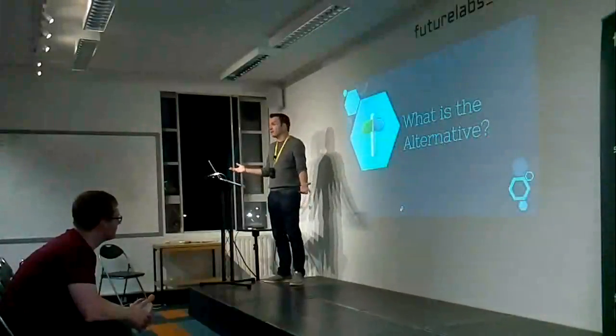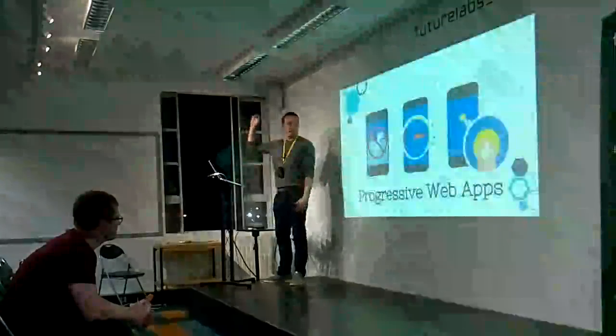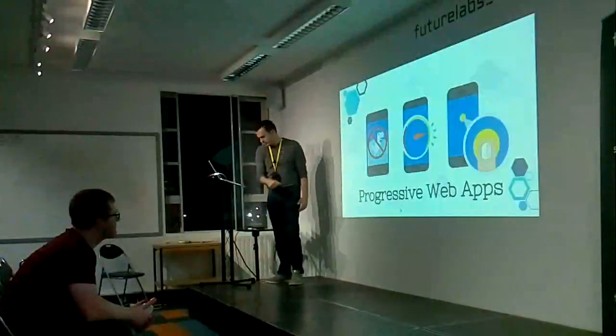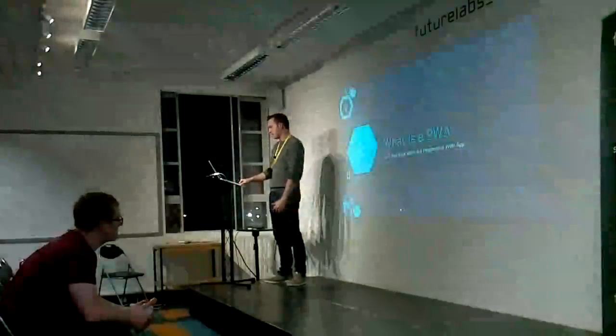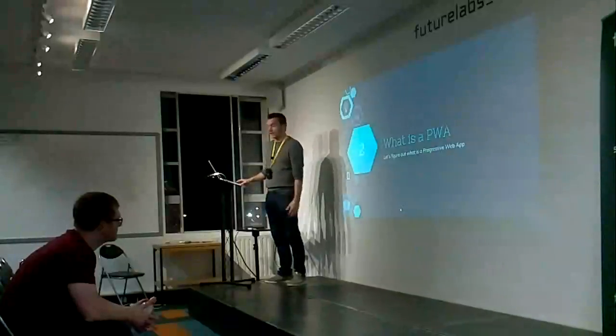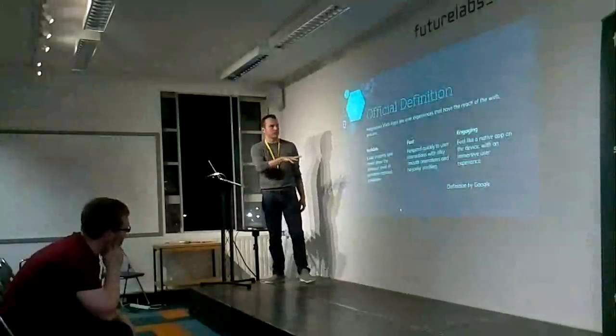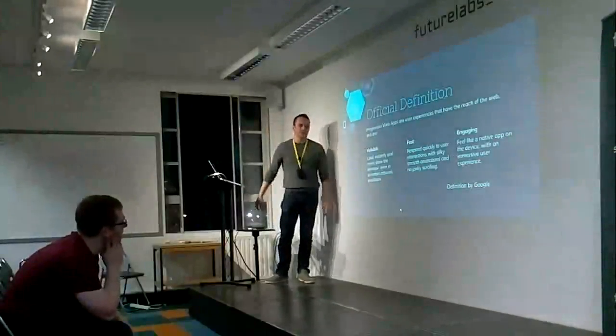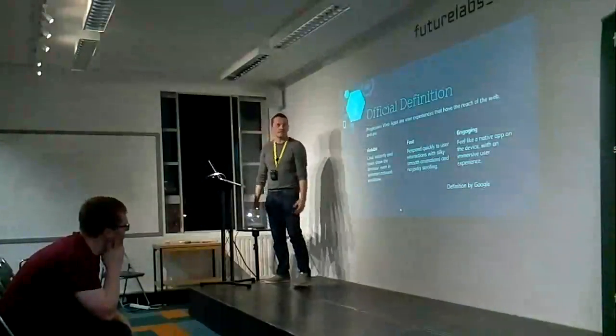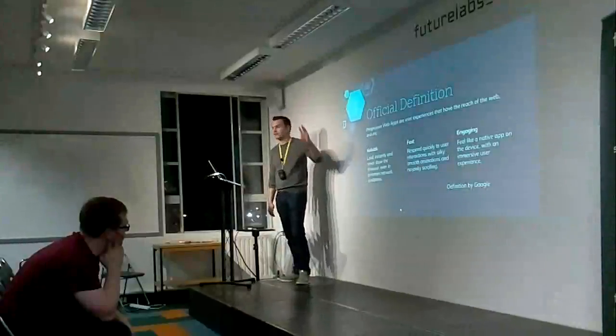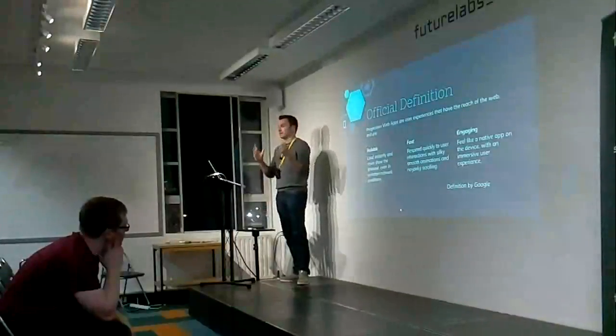So what is the alternative? And this is where we come to progressive web apps. So first let's define what a progressive web app actually is. The official definition states the following. So basically, progressive web apps are user experiences that have the reach of the web and are reliable.